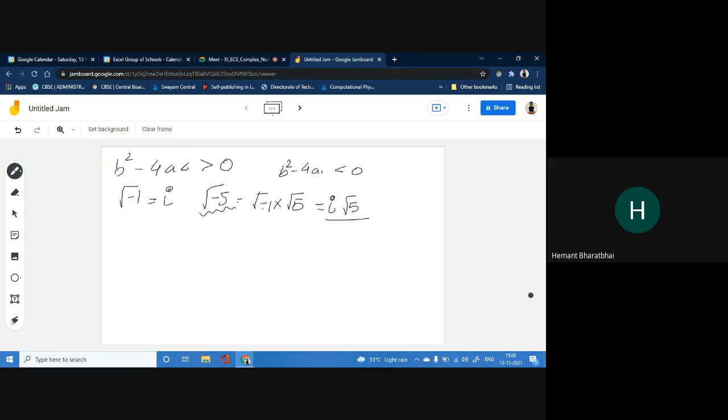Whenever you get anything negative under the root, you can represent it like this, as root 5 i. This i is called an imaginary number.